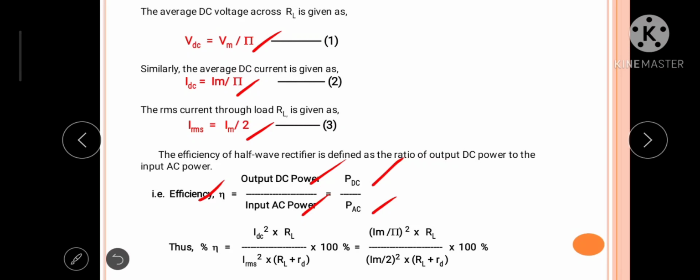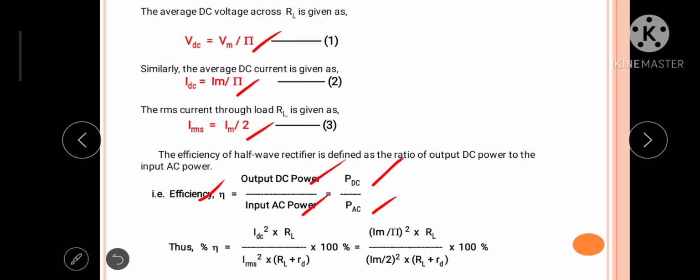The general equation for power is I square into R. So the DC power can be written as IDC square into RL, and in the same way, PAC can be written as IRMS square into RL plus RD. Here, RD is the diode resistance.